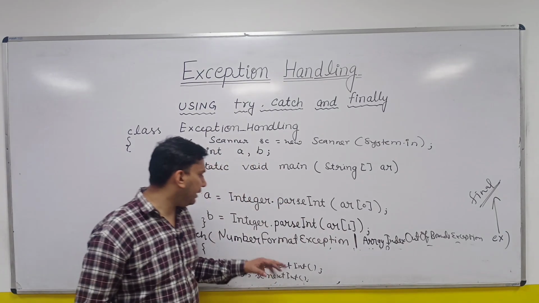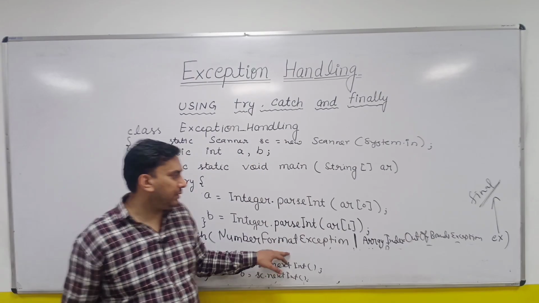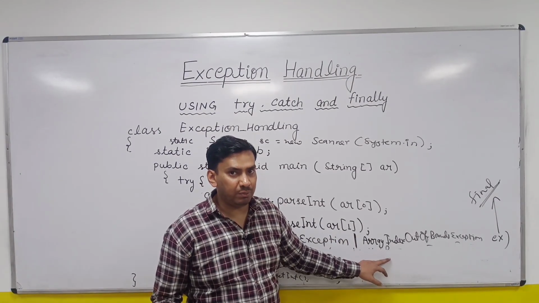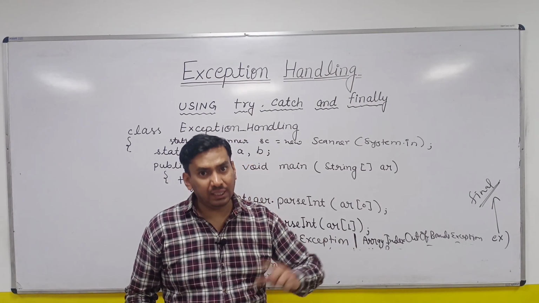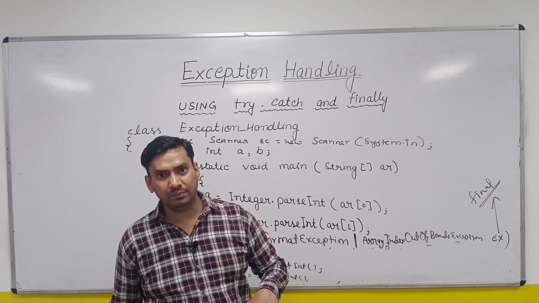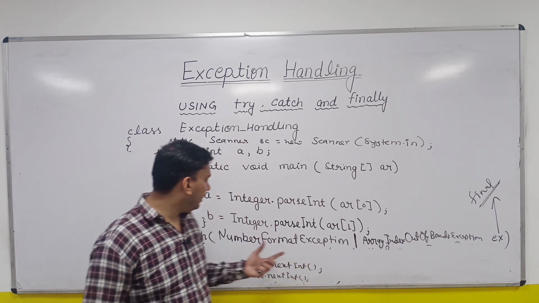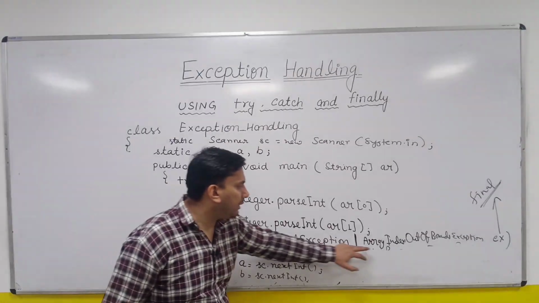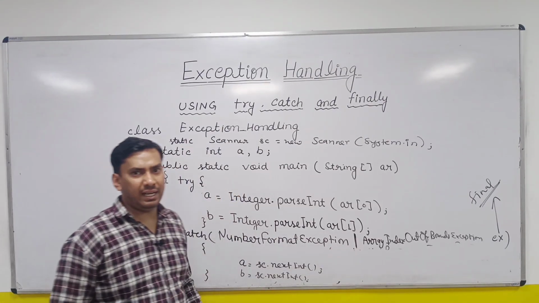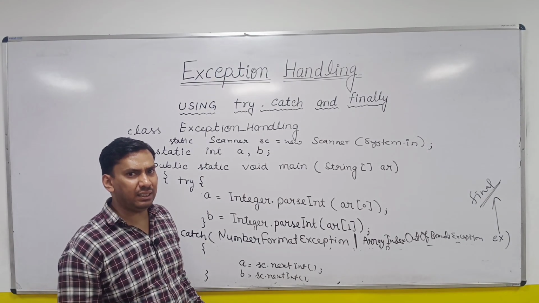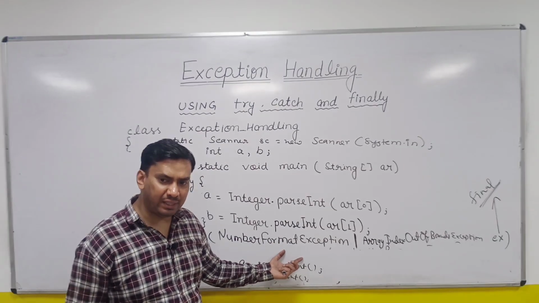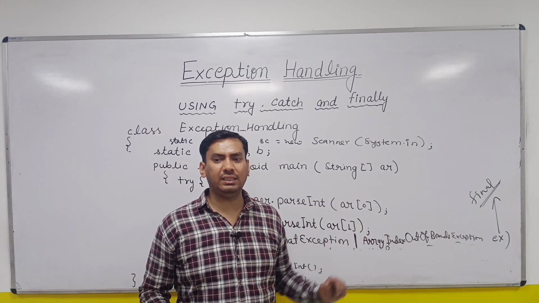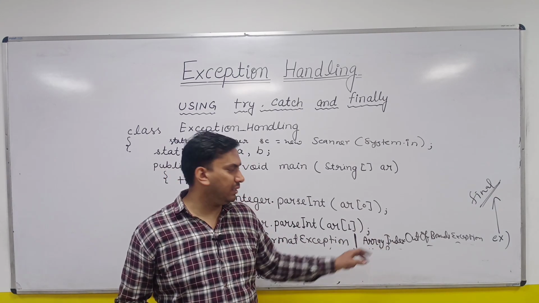You cannot write here ArrayIndexOutOfBoundsException or IndexOutOfBoundsException. They have a child-parent relationship. So the exception classes mentioned in the multi-catch must not have a child-parent relationship. And the reason is very clear. If you are already writing the parent type, what is the need of writing the child type? That's why the restriction is there.